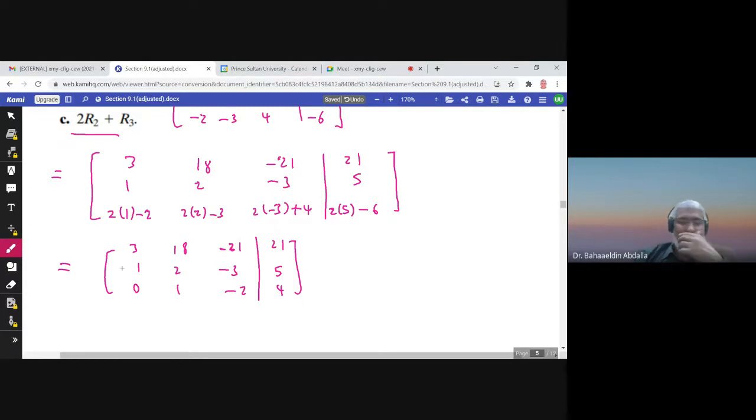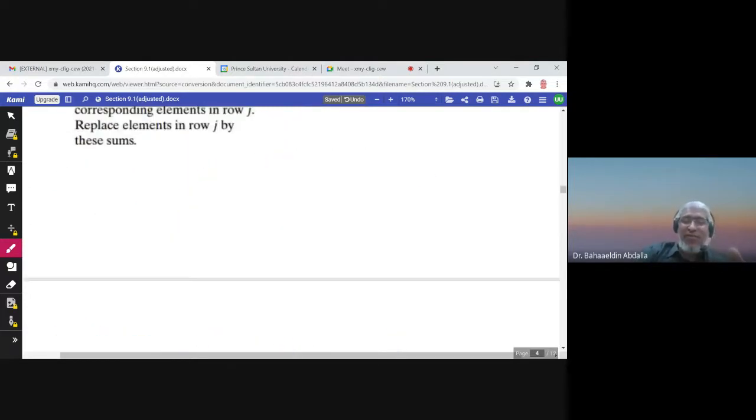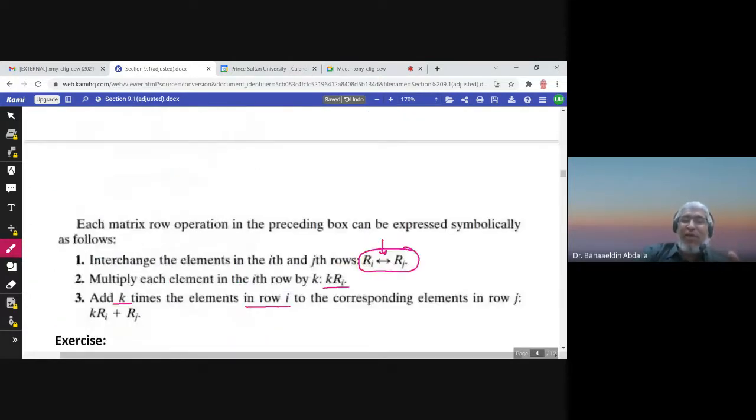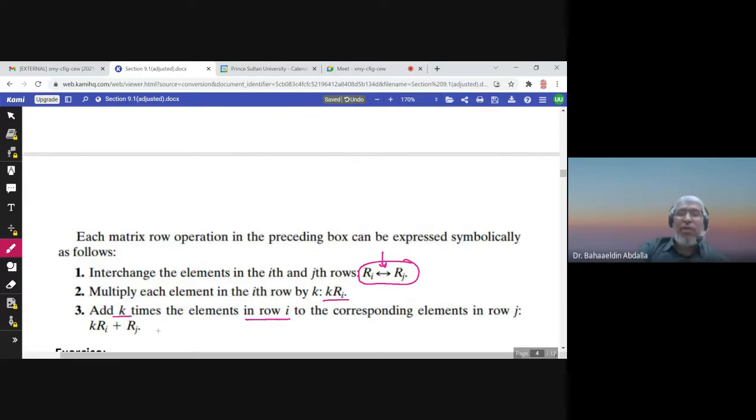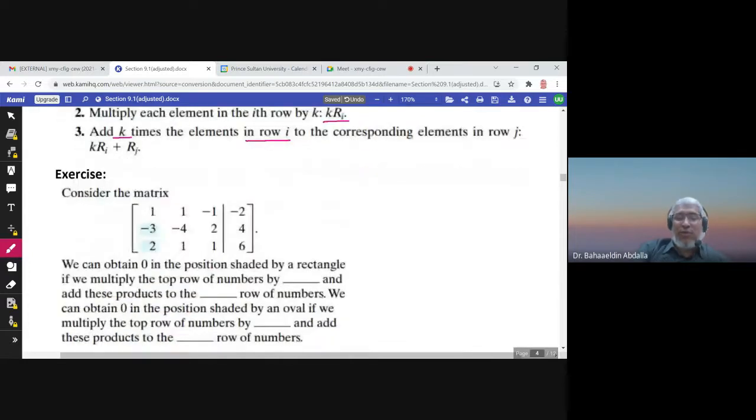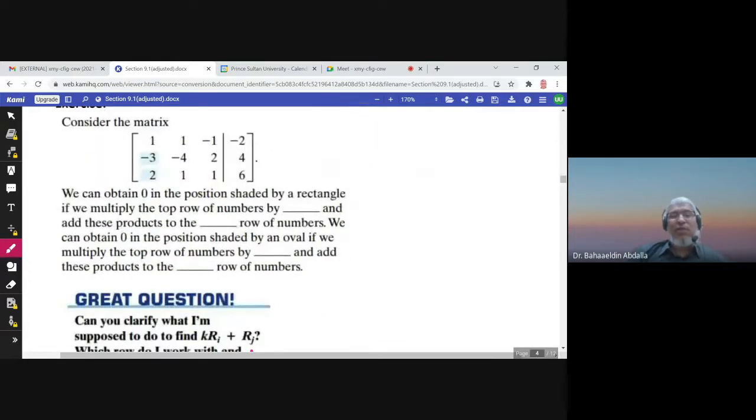All right. So I have again 3 row operations: interchanging, multiplying any row, and k times R1 plus R2. All right. I leave this for you. I think this is easy.